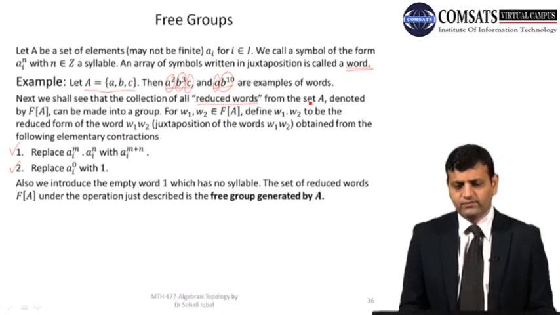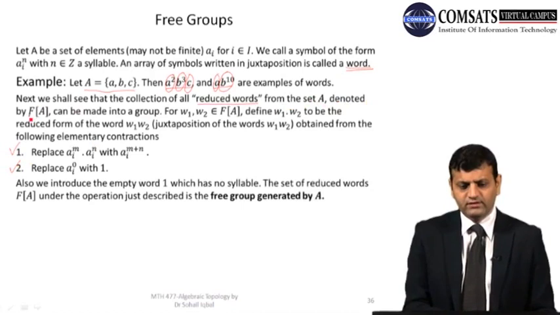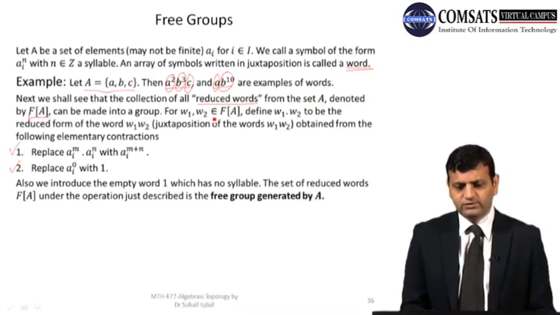So from the set A, the collection of reduced words, denoted by F(A), can be made into a group. For w1, w2 belonging to F(A), we define w1 w2 to be the reduced word of the word obtained from the following elementary contractions.